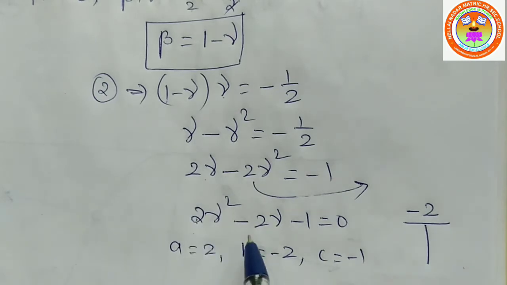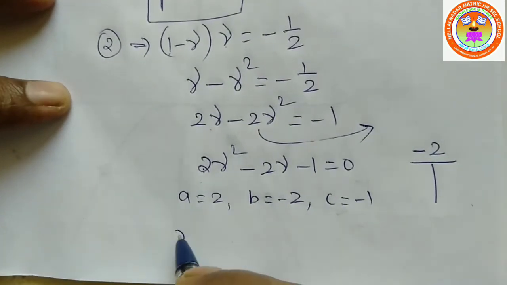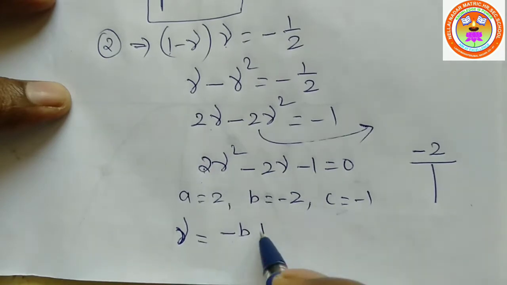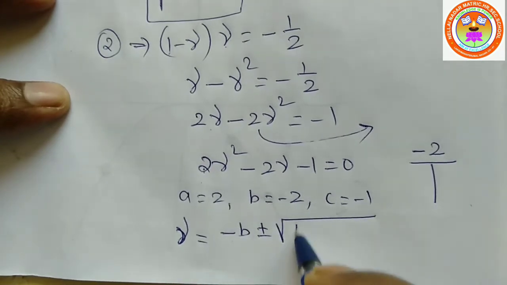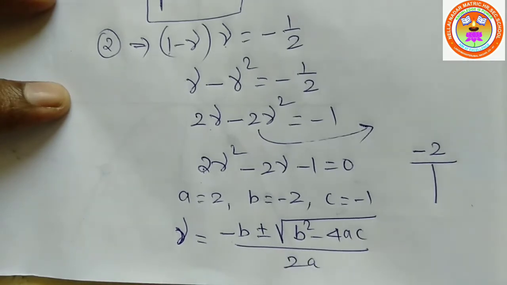ax square plus bx plus c is equal to 0. So the equation is what? x is equal to, so here gamma is equal to minus b plus or minus square root of b square minus 4ac by 2a.